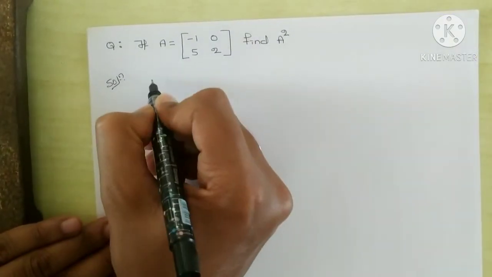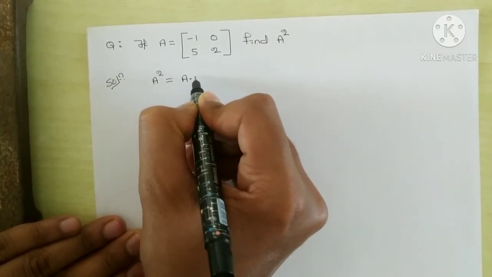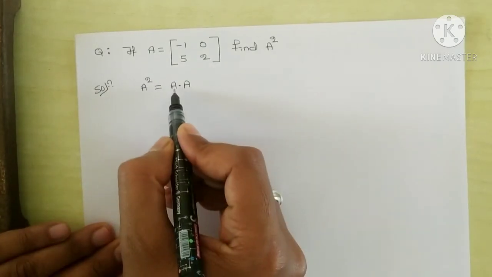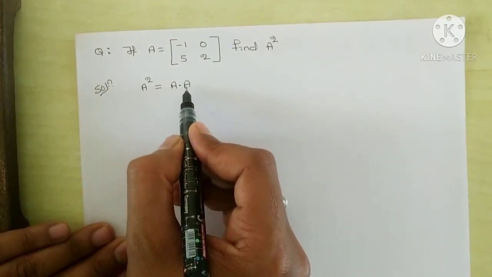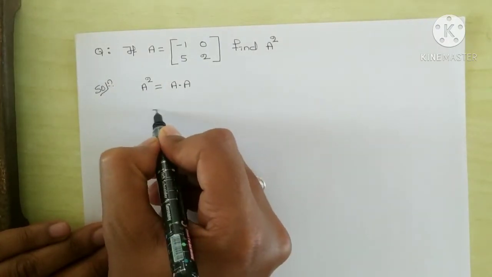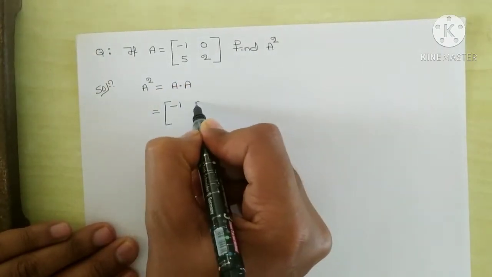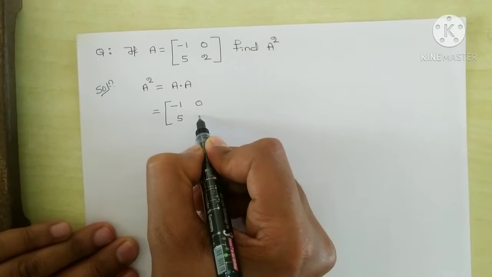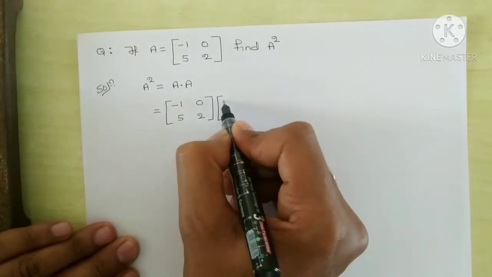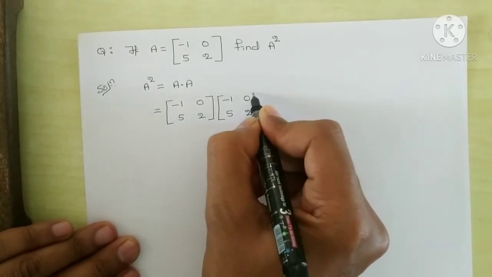Therefore, solution: A square can be written as A into A. A is the first matrix and this A is the second matrix. The same value you need to repeat two times. So first A, what is the A value? Minus 1, 0, 5, 2 into again A, minus 1, 0, 5, 2.